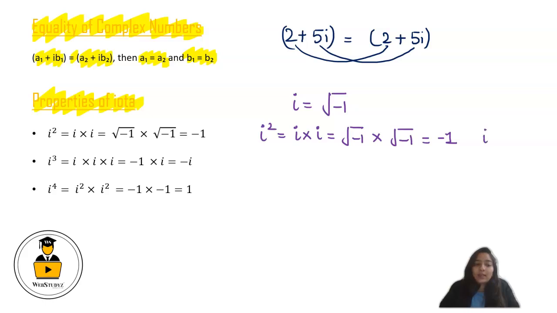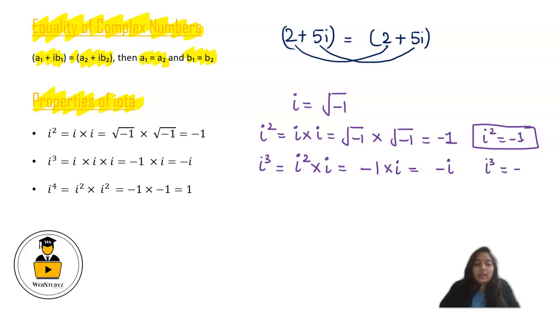So we can say iota square is equal to minus 1. Now we will find the value of iota cube. This can be written as iota square multiplied by iota, and the value of iota square is minus 1, so minus 1 multiplied by iota is equal to minus iota. So we can say iota cube is minus iota.